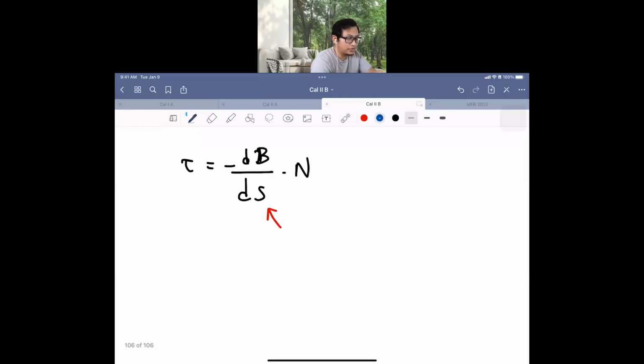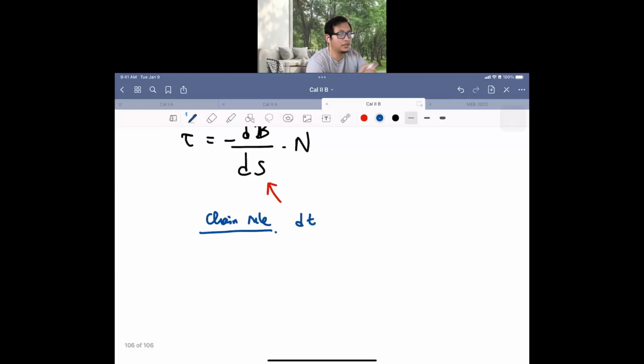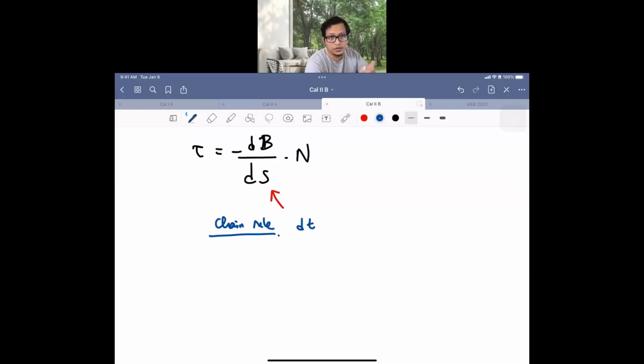We are going to use the chain rule and state everything with respect to dt. I think this will be more intuitive and more correct. So we can write dB over dt, dB over ds, and ds over dt.